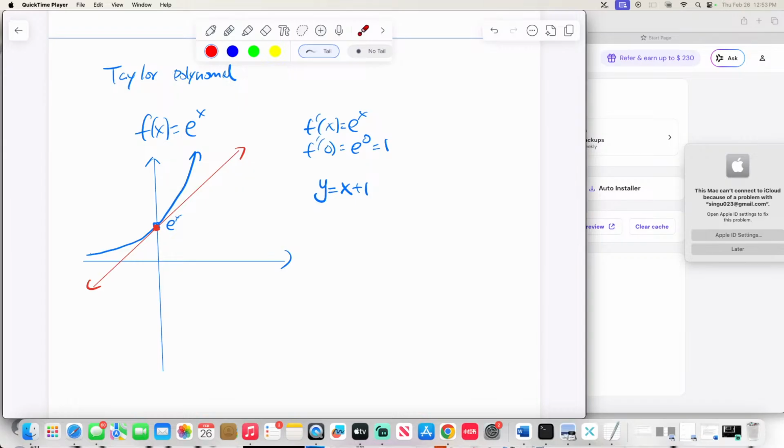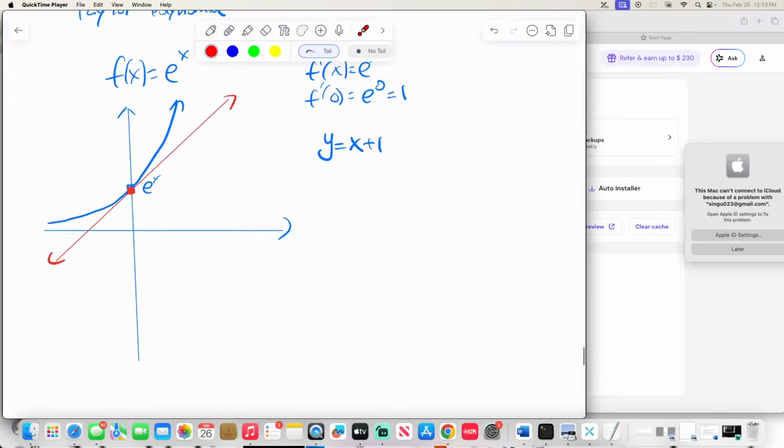Here we can pretend that we take a derivative again. What's the derivative again? F double prime, right? It's e to the x, and if you plug in 0, that's going to give you 1, right?